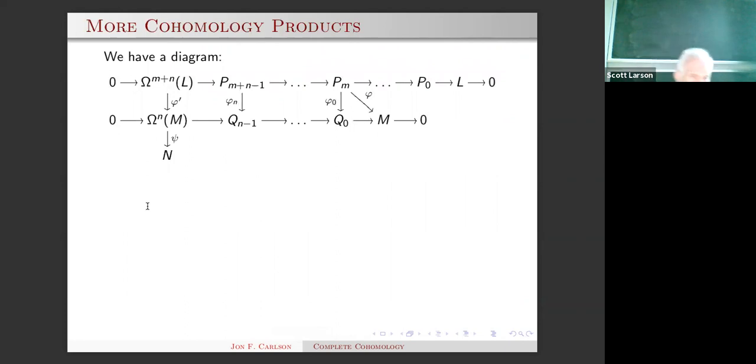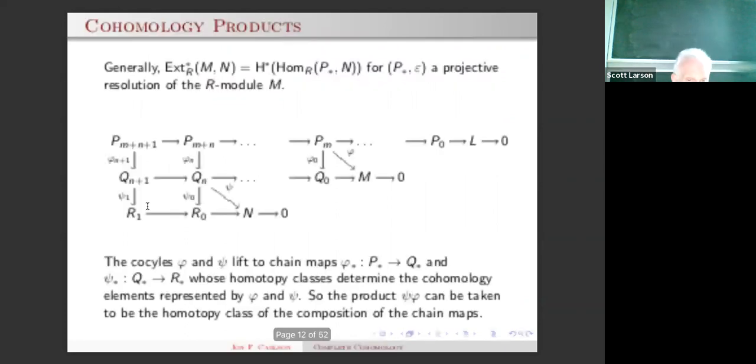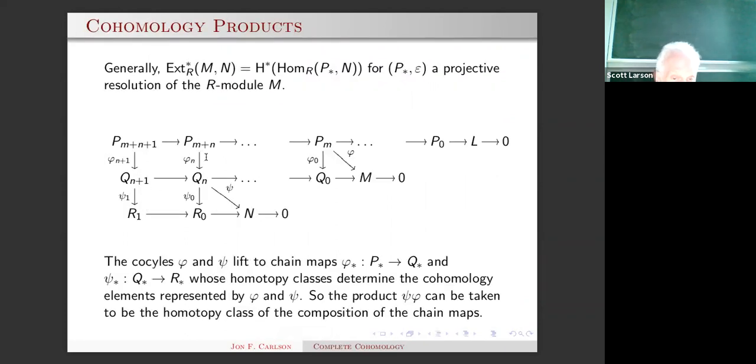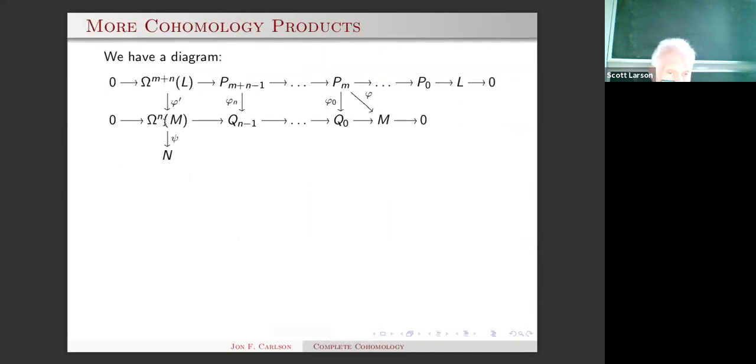Okay, now if I go back a minute and I look here, and instead of taking the resolution all the way, I just cut it off and replace this by its image in the next map, and this one by its image in the next map. Then I get this next diagram where the end one is just omega n plus m of L, and this one is omega n of M, and then I've got my map psi.